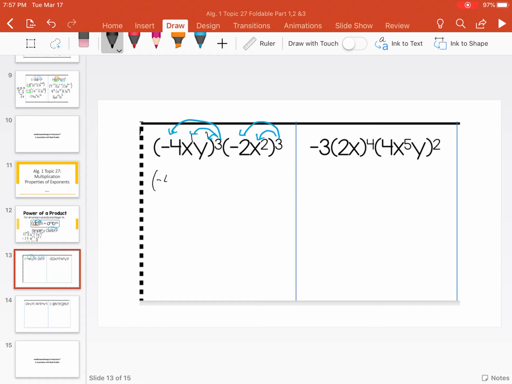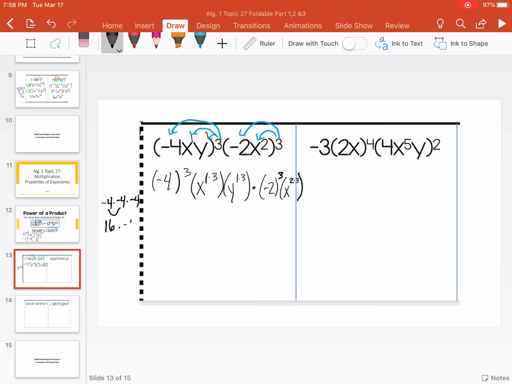So if I want to rewrite this, I get negative 4 to the 3rd power times x to the 1 times 3 times y to the 1 times 3, multiplied by negative 2 to the 3rd power times x to the 2 times 3. So if we want to simplify this, we have our coefficient here, negative 4 times negative 4 times negative 4.